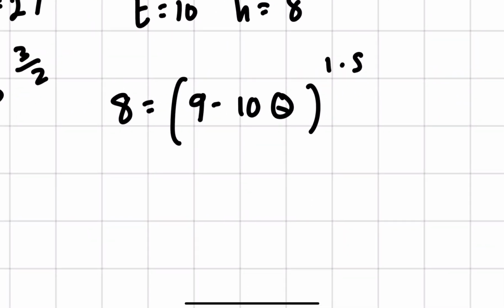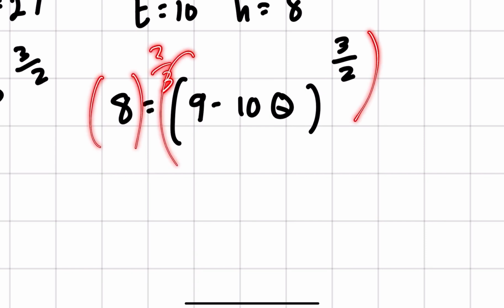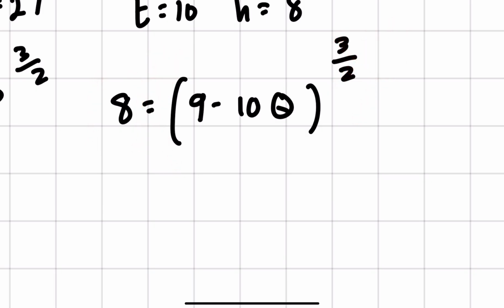Okay. What we can do now is, if I make that 3 over 2, what you see what I'm doing, if I raise everything to the power of 2/3 here, they will cancel out nicely. So 8 to the power of 2/3 is 4. That equals 9 minus 10q.